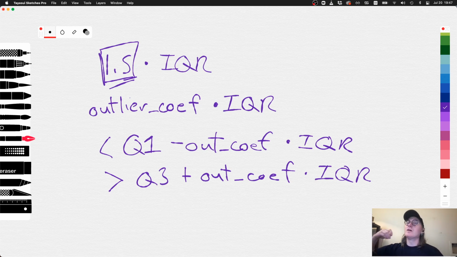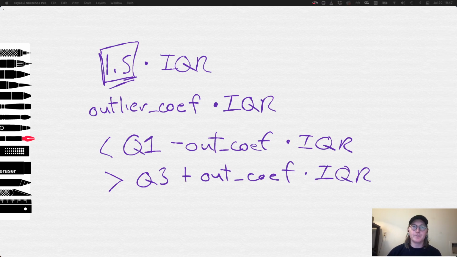We're going to describe it as an outlier. But again, this is arbitrary. You want to be careful about how you think about this or how you apply this sort of thing.